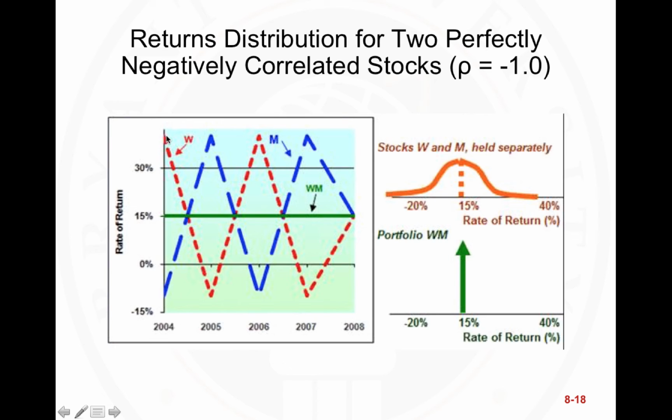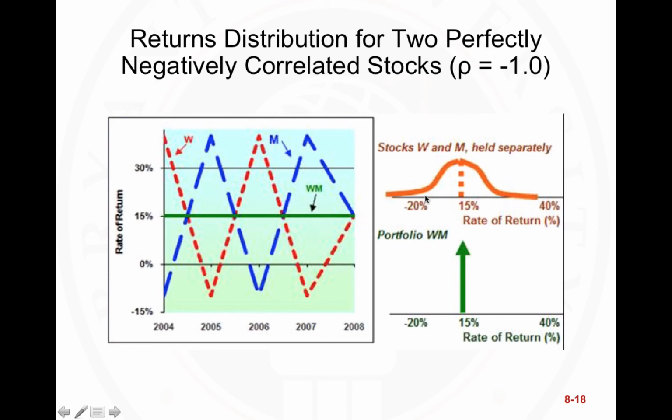When company W goes high, like 35%, company M goes bad, minus 15%. On average, they end up with 15%. When company blue, or M, goes up, the other one goes down by an equal amount. Up, down, up, down. So basically, all the movements up are cancelled by an equal force, maintaining the average return of the portfolio flat here.